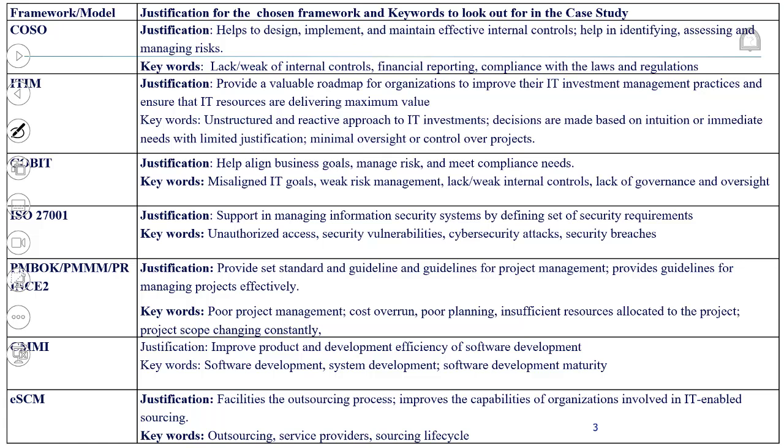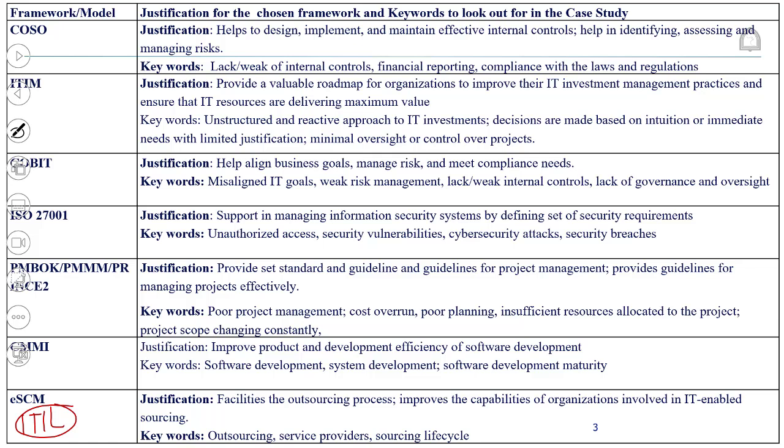And in there, I've said how you can justify a framework and some of the keywords that you can look for in a case study. The only thing remaining here is ITIL. I didn't include ITIL here because I've covered ITIL elsewhere.